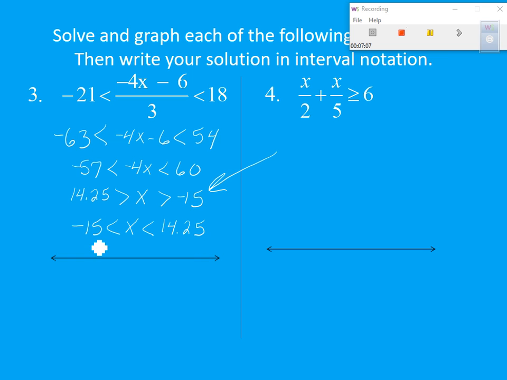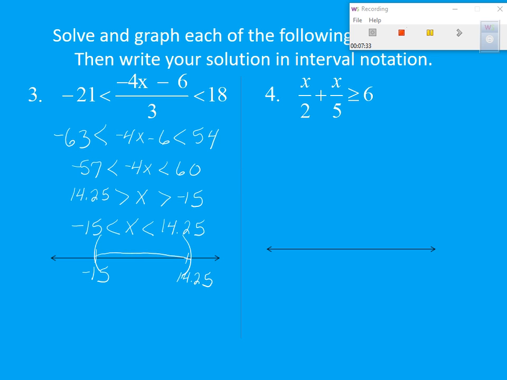When we list this, we need this to be our littlest number, this to be our biggest number. Now, once again, when I graph this, I've got negative 15, I've got 14.25. We've got either open dots or parentheses and everything in between. So I want to throw that one in there just to make sure you could read from the variable.